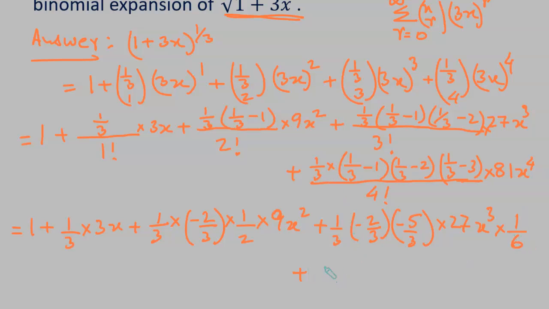And then again we come to this part. 1/3 times negative 2/3 times negative 5 over 3, and then it is 1 over 3 minus 3. So minus 3 can be written as minus 9 over 3. 1 over 3 minus 9 over 3 is minus 8 over 3.